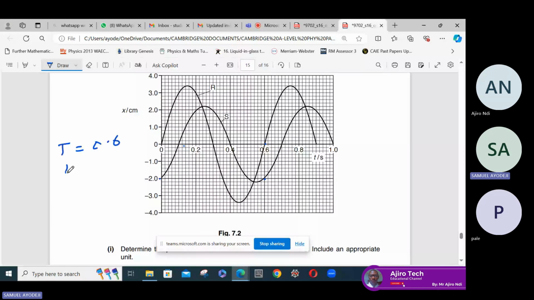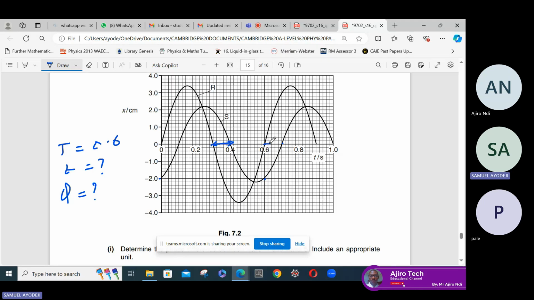Small letter t is what you are looking for: the time difference from here to here, between R and S. What's the difference in time from here to here?